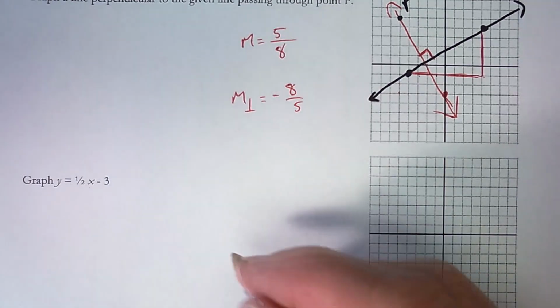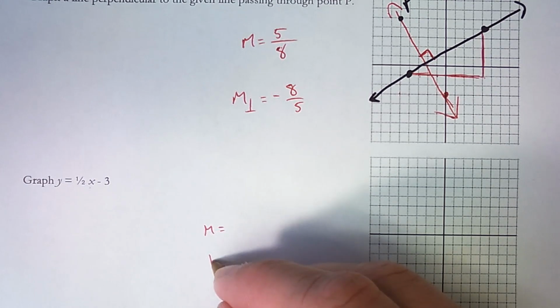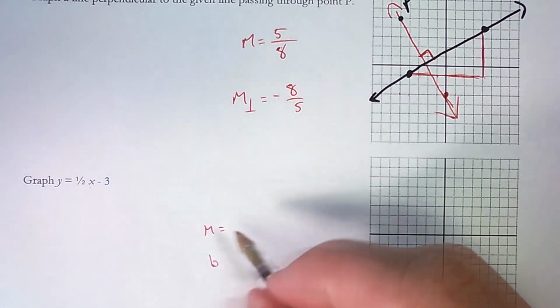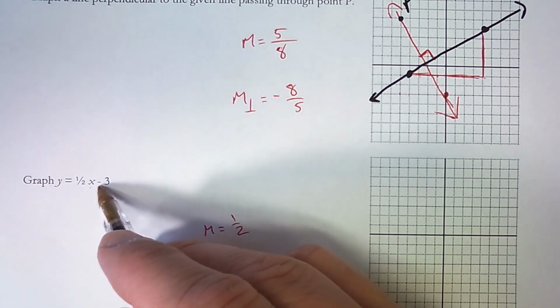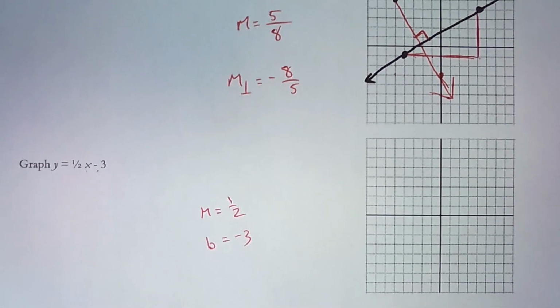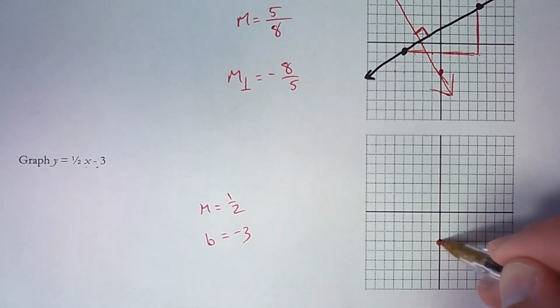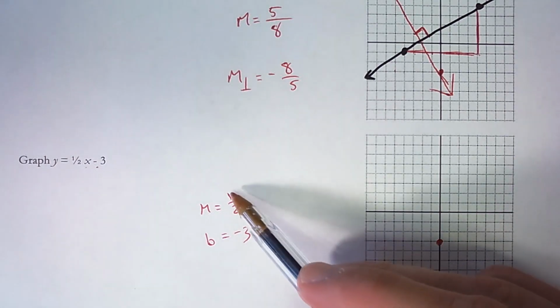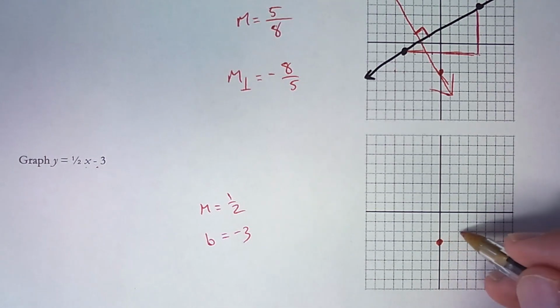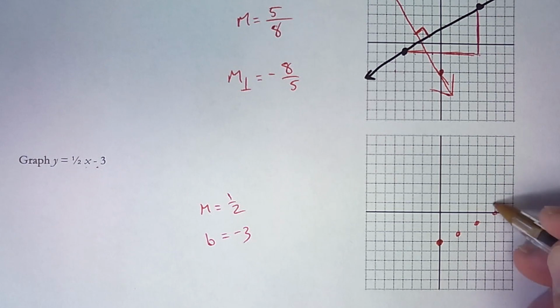Graph this line. In order to graph this line, we need the slope and the y-intercept. The slope is 1/2. The y-intercept is -3. The y-intercept is the starting point, so I'll start down 3. And the slope is positive 1/2, so we'll rise 1 and run 2. And I'm going to do that as many times as I can fit on this graph.